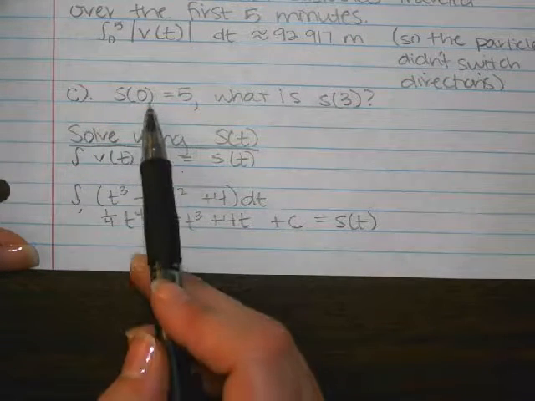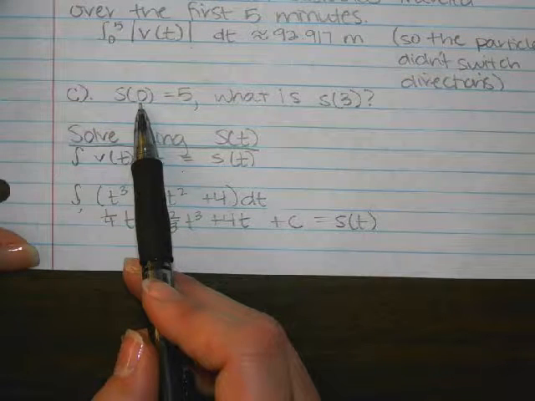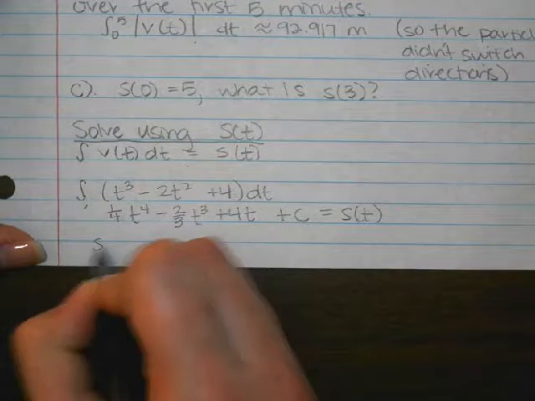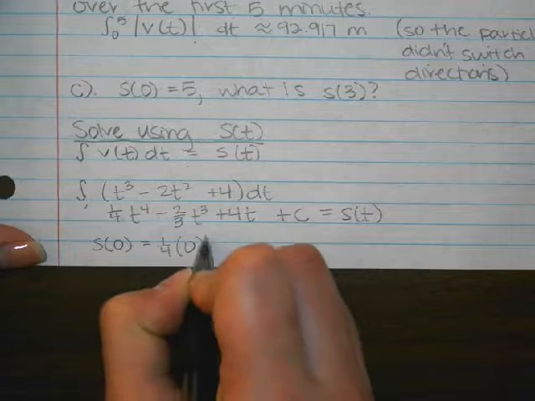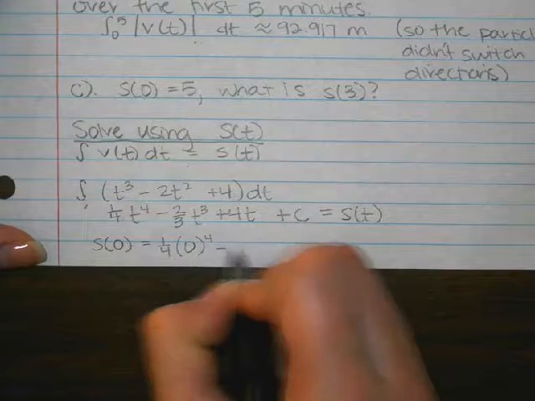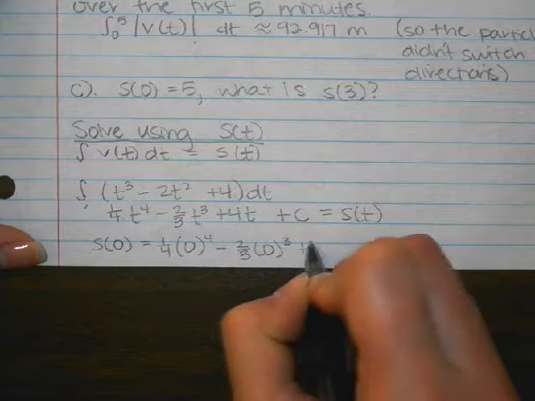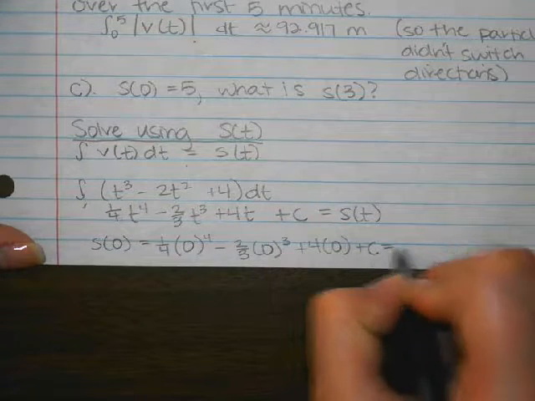So now I can use that piece of information where I know that if I plug in 0 for t, I'm going to get 5 as a result. So I'm going to say s of 0 is 1/4 times 0 to the fourth minus 2/3 times 0 to the third plus 4 times 0 plus c equals 5.